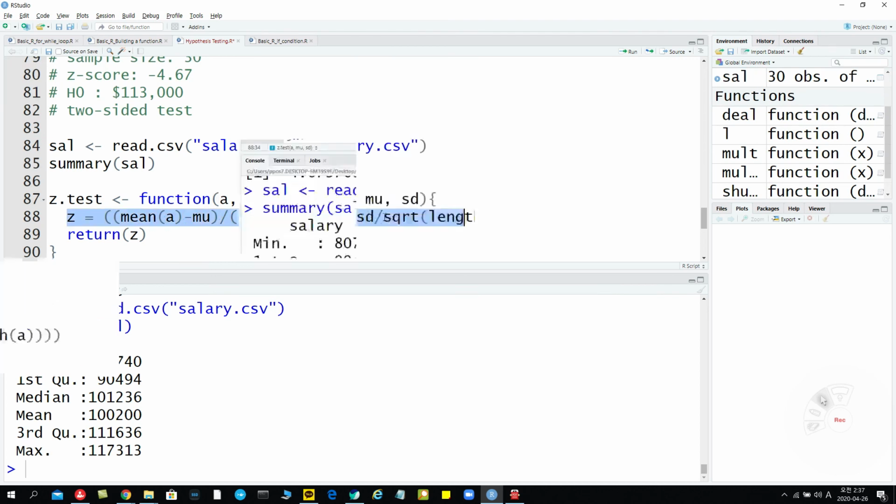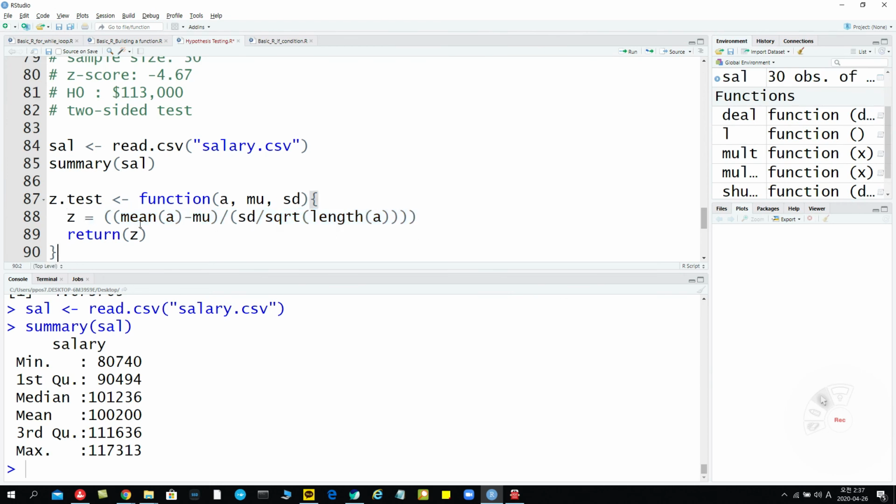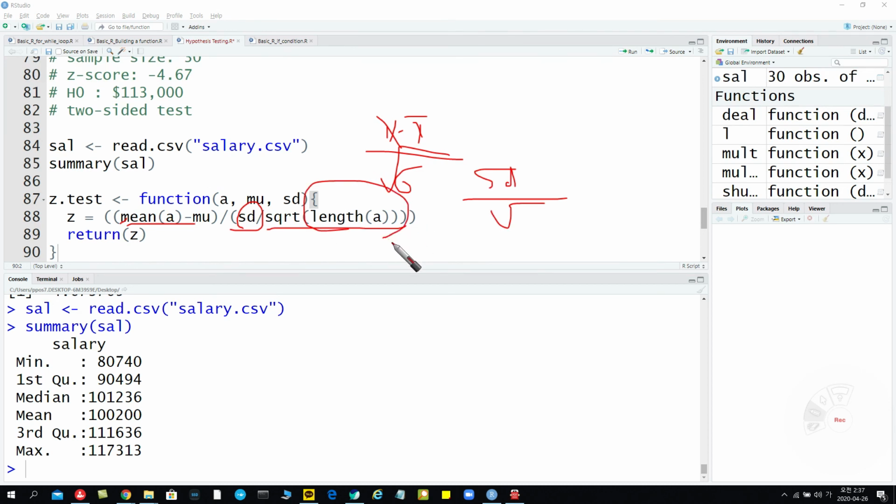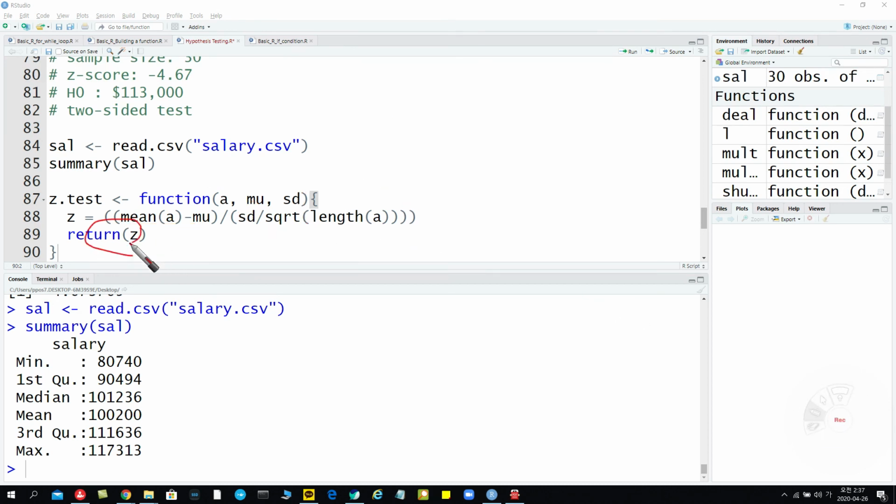Look at this formula: mean of a minus mu, divided by the standard deviation over the square root of the length of a. Then return Z. So keep this code to use the Z-test for your individual assignment and midterm exam. Use this code.